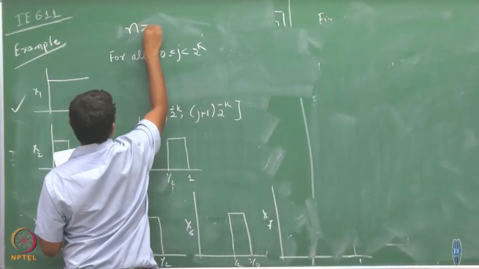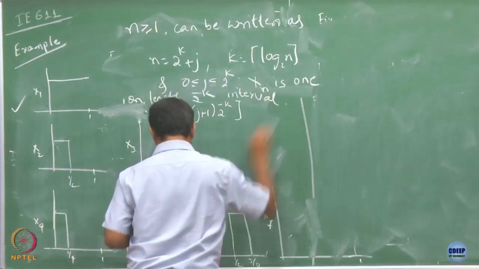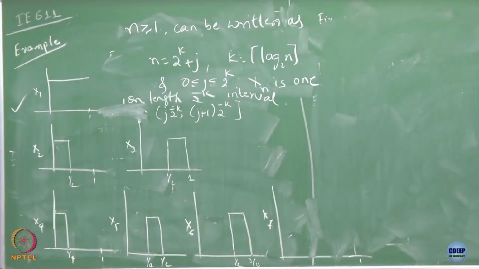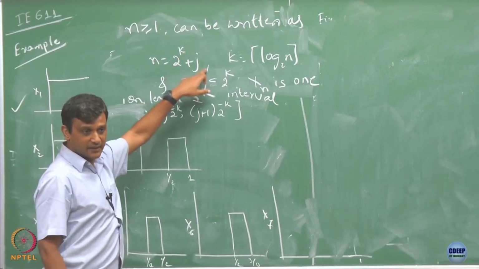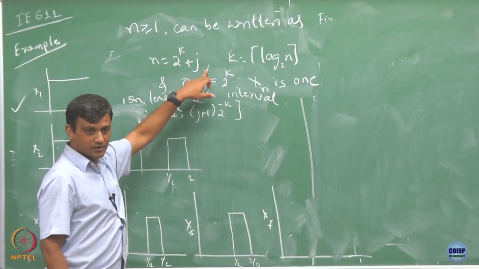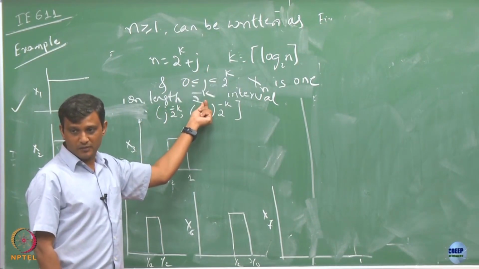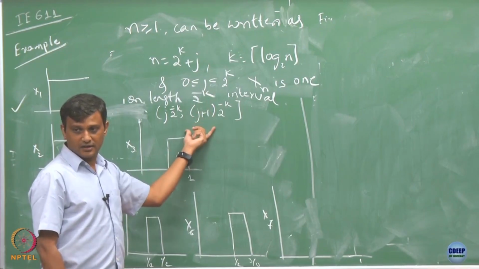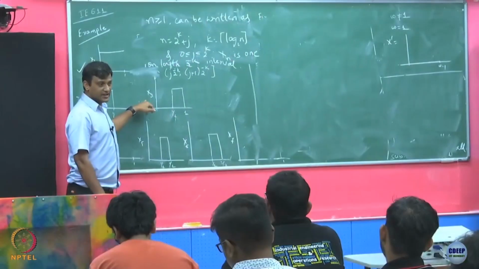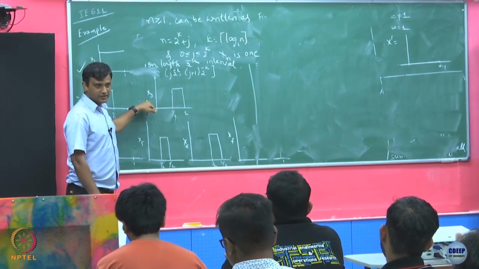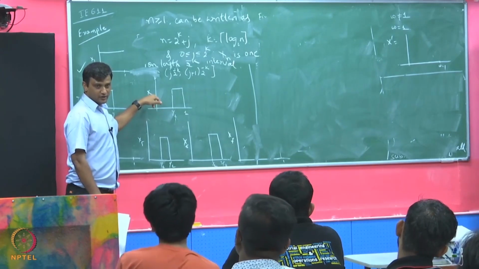So you take any n that can be expressed in this form for some k and some j, and for that it is going to be on an interval of length 2 to the power minus k. For example, if you take n equals 3, what are the k and j corresponding to this? k is going to be 1 and j is going to be 1.